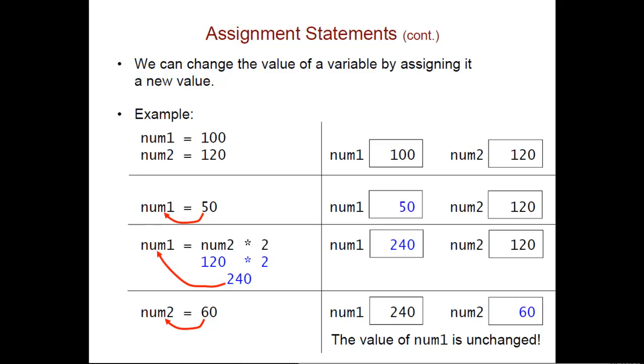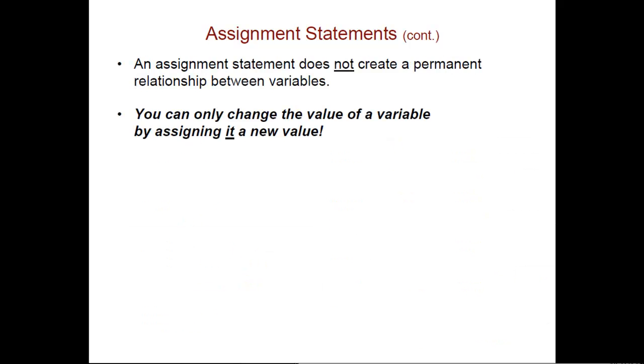Changing num2 does not change num1. So that's a really important point here. Assignment statements do not create permanent relationships between variables, and you can only change the value of a given variable by assigning it a new value. So the only way we could change the value of num1 is to assign something to num1.